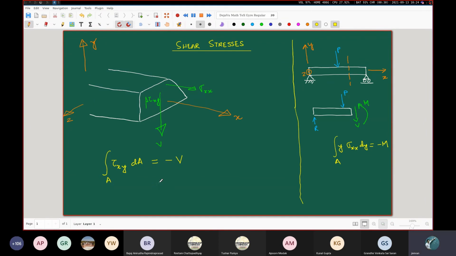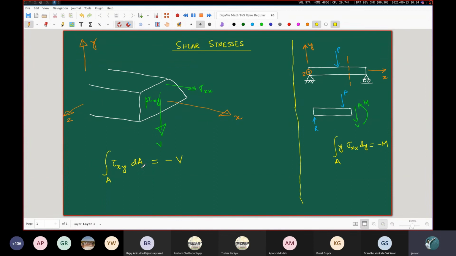Furthermore, please do not think that we are carrying out some kind of a force balance here. This is not a force balance. This is the background behind the V. Just like the background behind this M was this, so also the background behind this V is this thing on the left hand side. We are not carrying out a force balance.